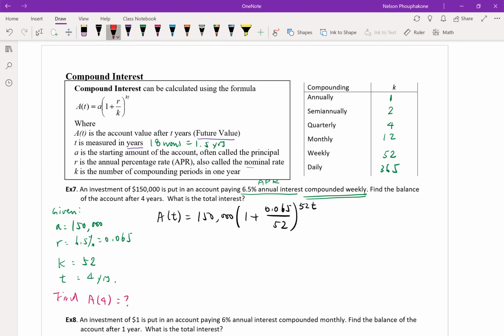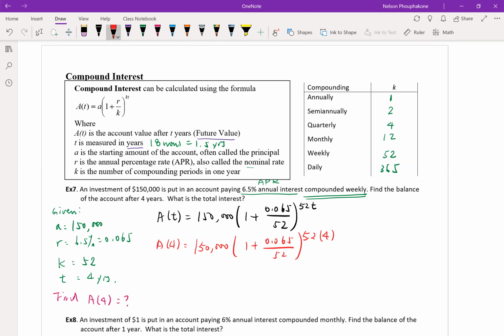And now, if I want to evaluate A of 4, then I will have 150,000 times (1 plus 0.065 over 52) raised to the power of 52 times 4.